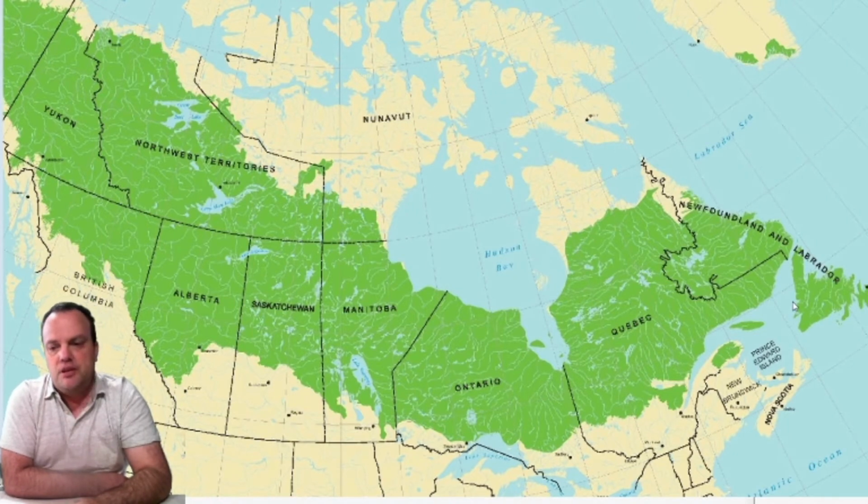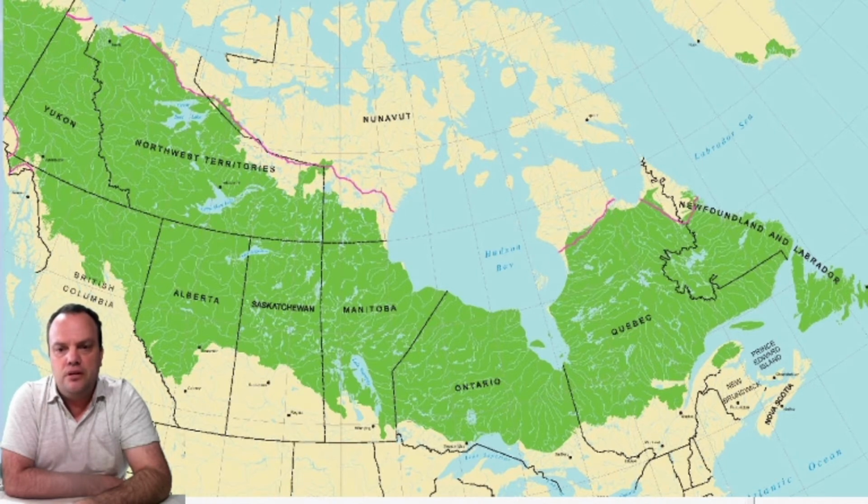Coming back here to this map, we'll put in our line for 400, and you see how close it matches to the border of the boreal forest. Over here, this little bit going up here, there's a river that runs up here, and there's also another river that runs out of the mountains right here.